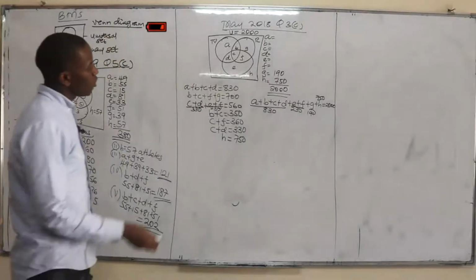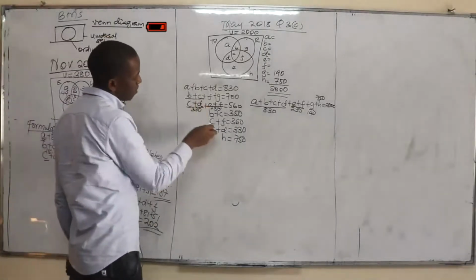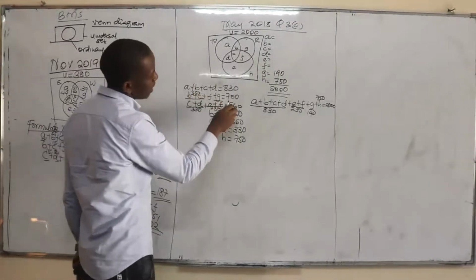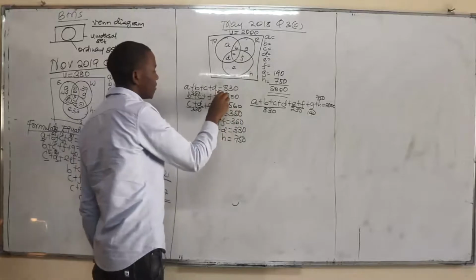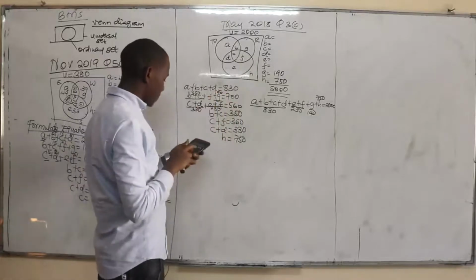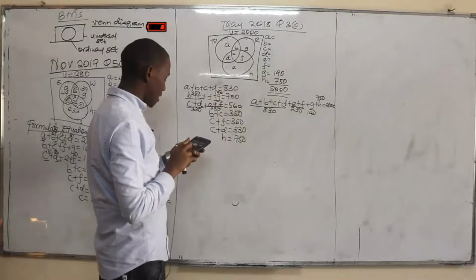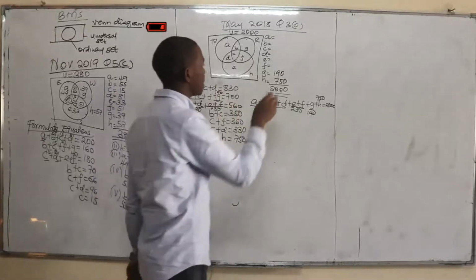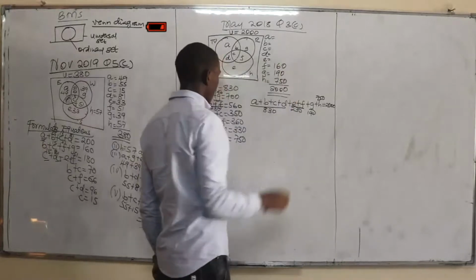Now we also know BC is 350, and we have G, which is 190, so we can get F. F will be 700 minus 350 minus 190, which is 160.